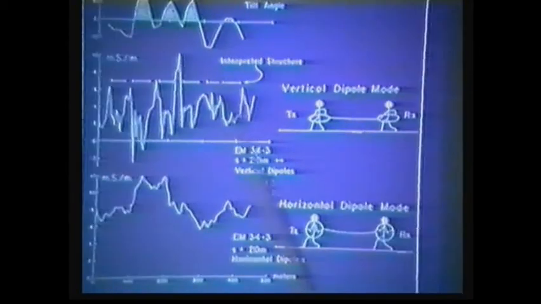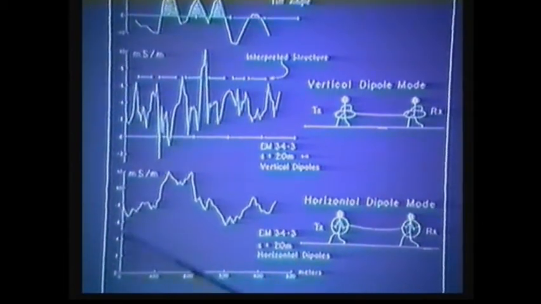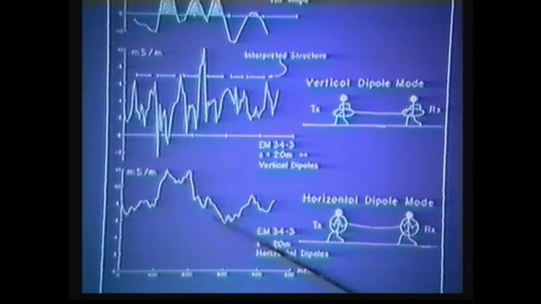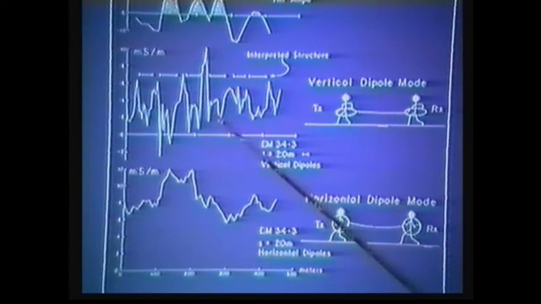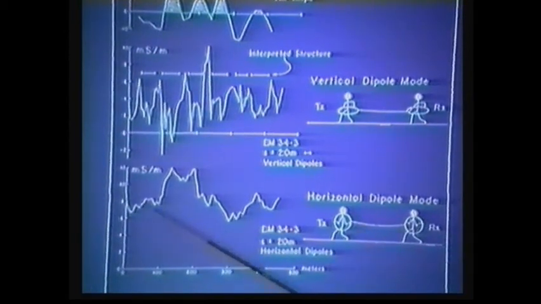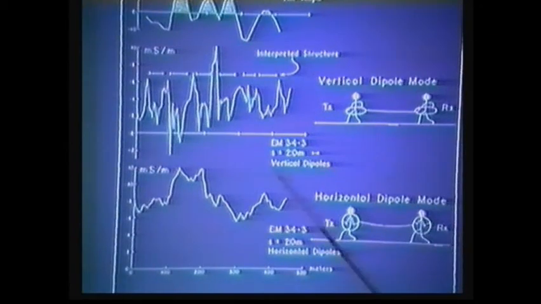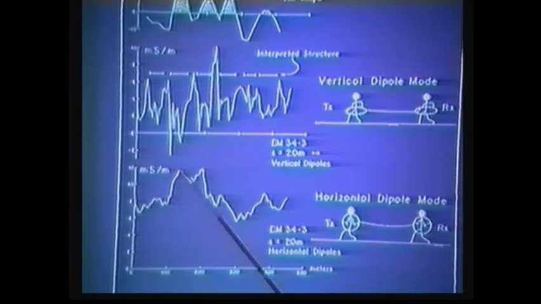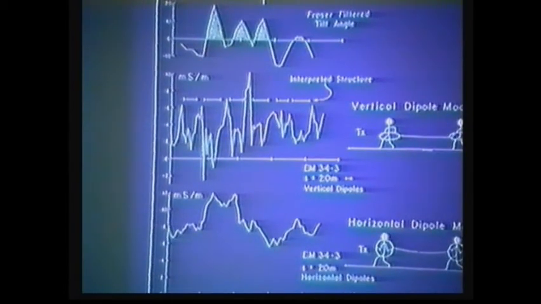As soon as I turned the coils over on the side like this, the readings quieten right down. The only noise left here is still some contribution from this, because I didn't have the planes of the coils perfectly vertical. And now you can see the response is nice and smooth, and basically it's showing me where the overburden is thickest and where it's thinnest.